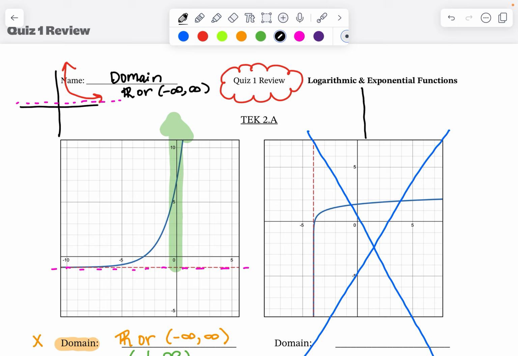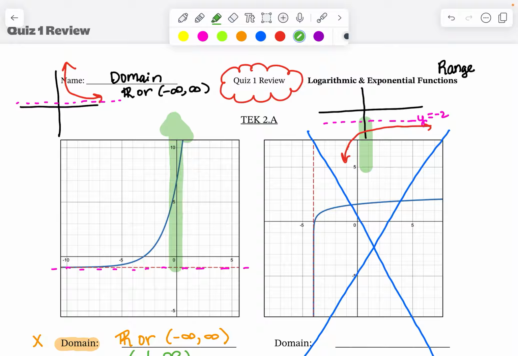So let's see what we got on this next page. Okay, this is the stuff that's kind of on the board. So if you look at this first thing right here, you have a vertical stretch of 3. And then if you look at up here in the exponent, it is, remember, going opposite. So it's going to the right one.